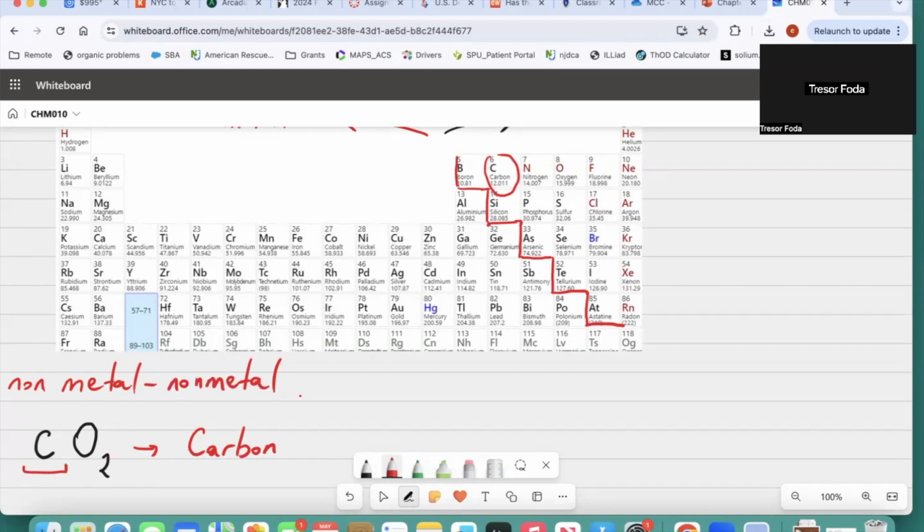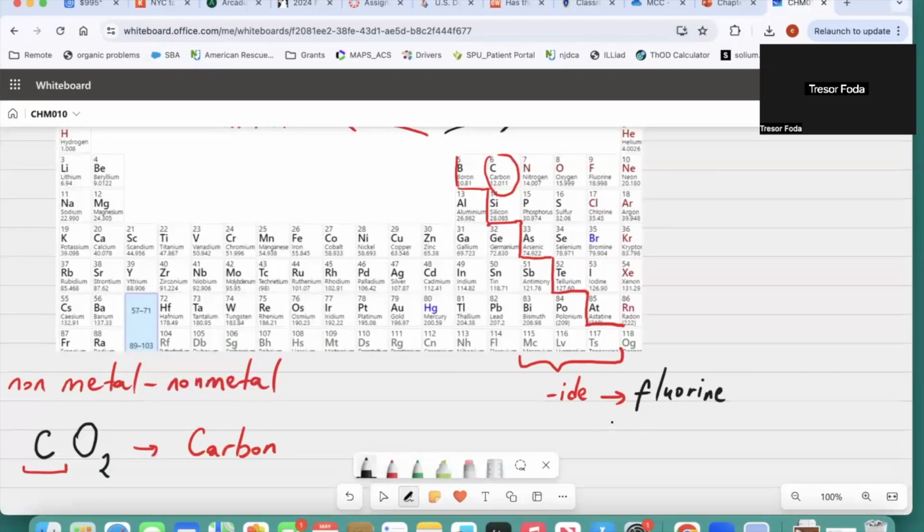For the second non-metal, for nitrogen, oxygen, and fluorine, we're going to do a very simple thing. We're going to drop the last 3 or 4 letters at the end, and then we're going to add I, D, E. For example, fluorine, before it was reacting with whatever the element is.